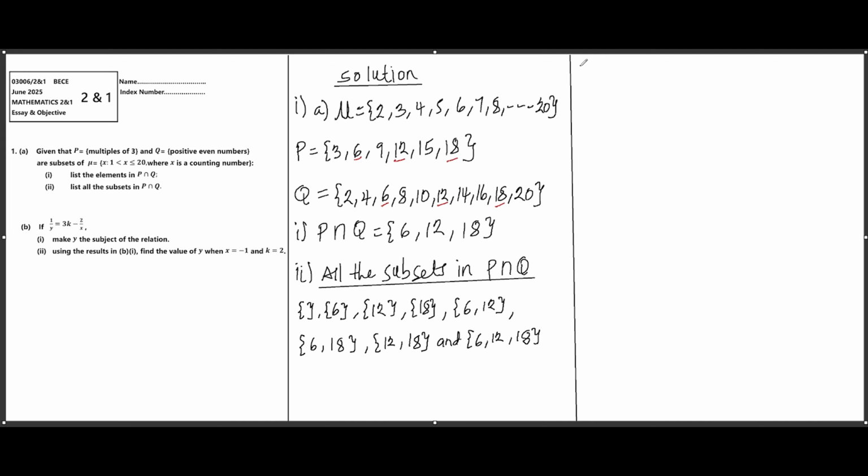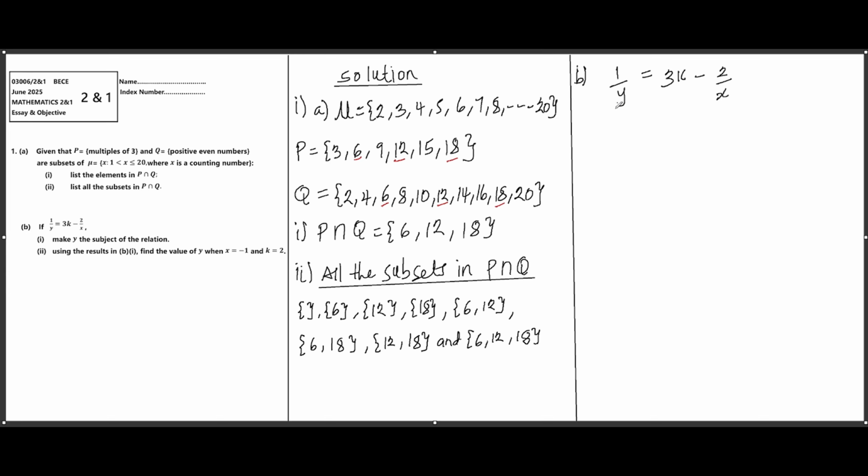Now B. We have the relation 1 on y equal to 3k minus 2 on x. And our goal here is to make y the subject.